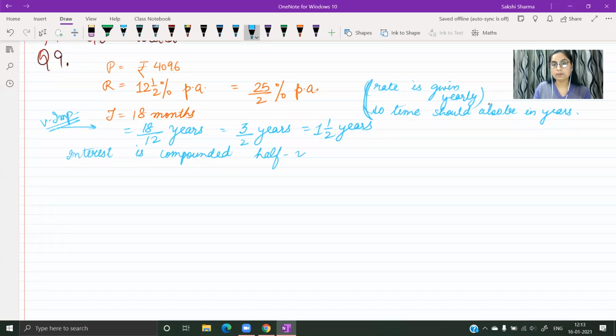Interest is given to be compounded half yearly. Apply the formula for half yearly rate of compound interest. And then you will find out the CI. Actually, you don't require to find out the CI in this case.